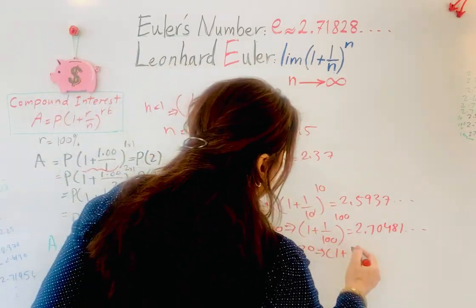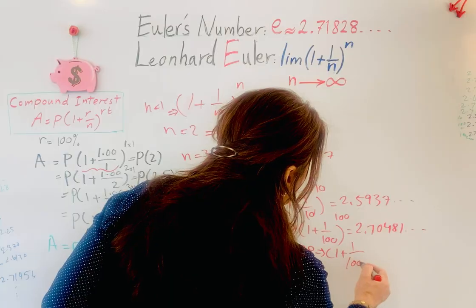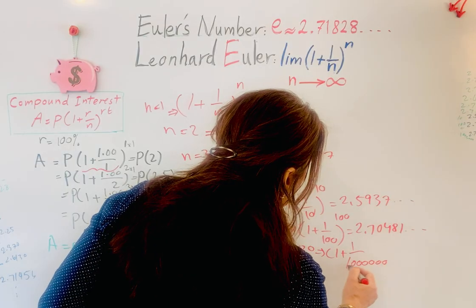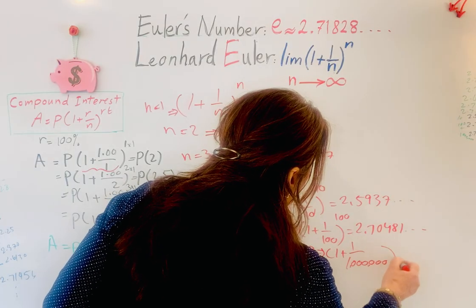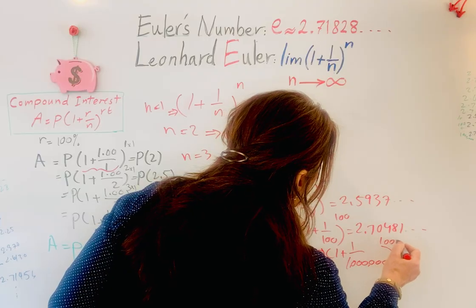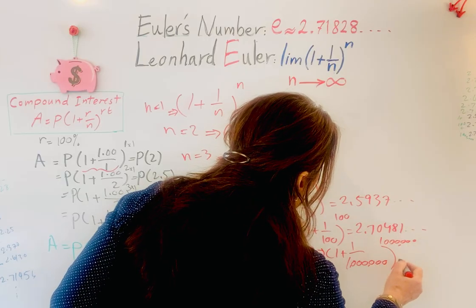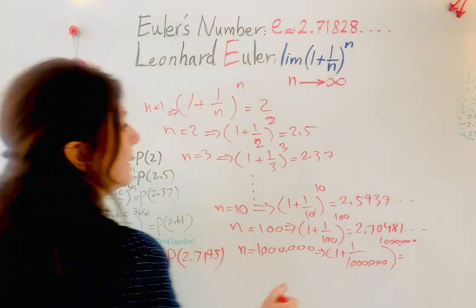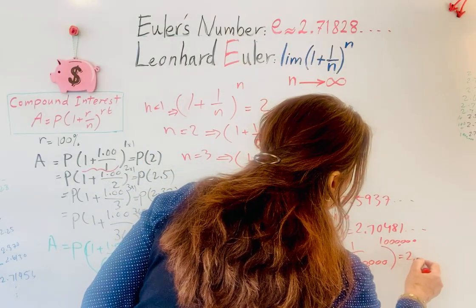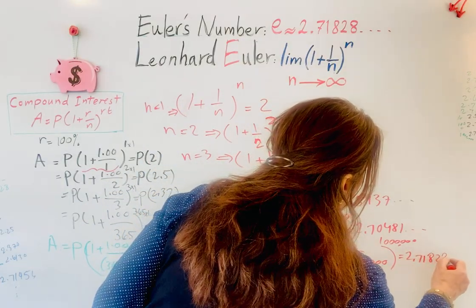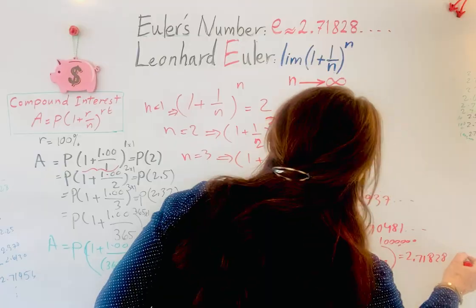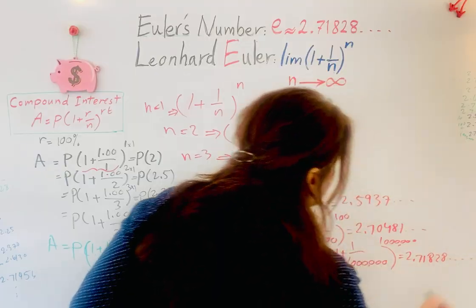Euler said 1 plus 1 over 1 million raised to 1 million gives 2.71828, maybe 2 or 4 something. You see?